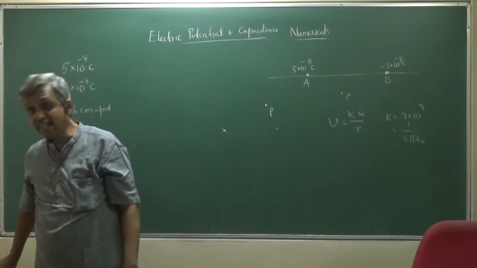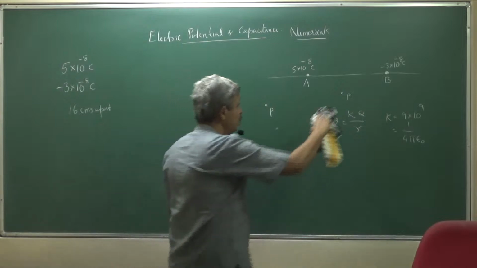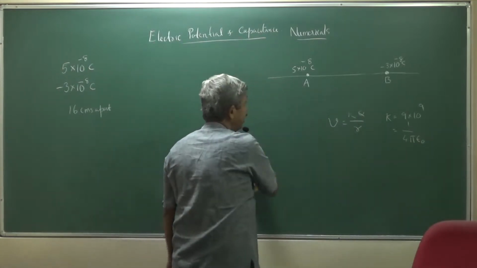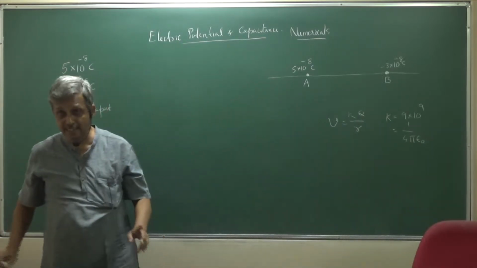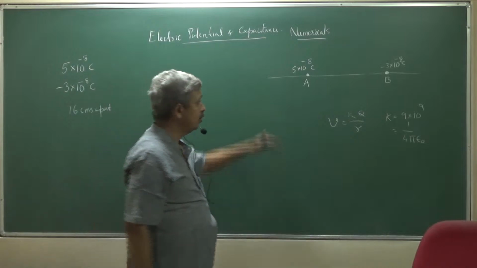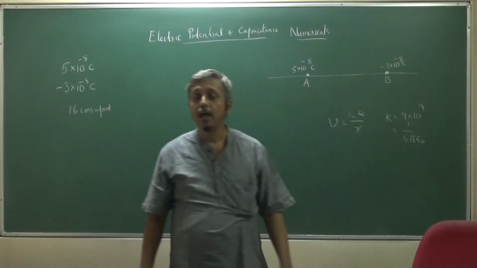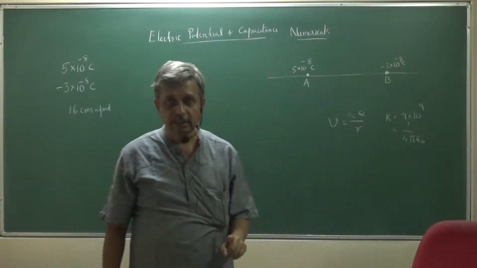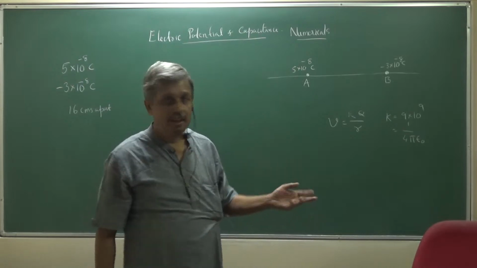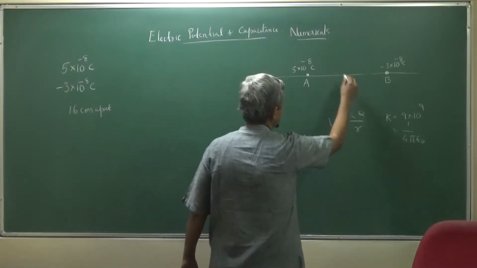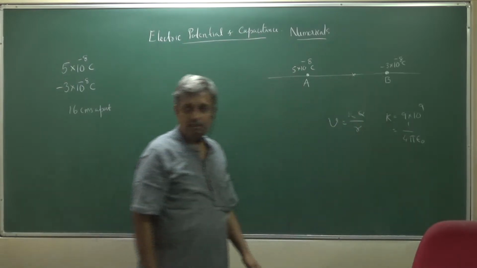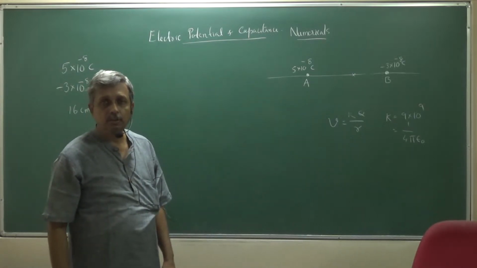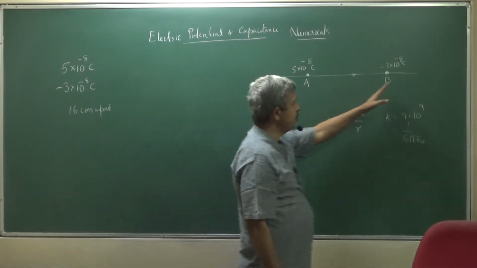Now, you are only taking this line, they are saying very clearly that they want it only on this line. On that line, let's say I choose some point here and find the potential. Due to this, there is some potential. Due to this, some potential.